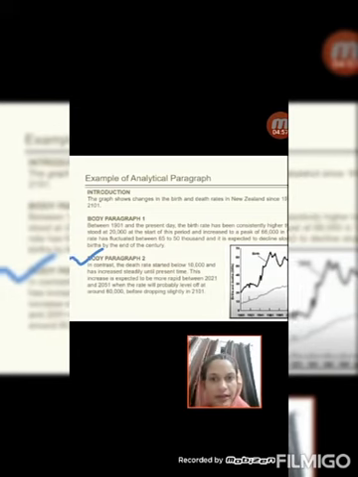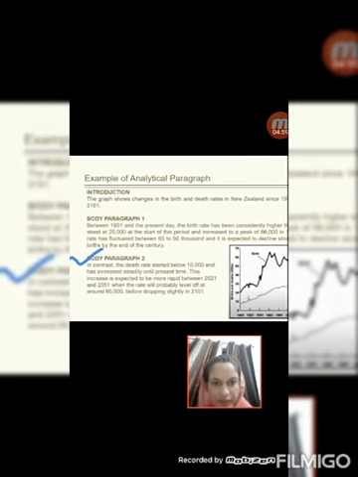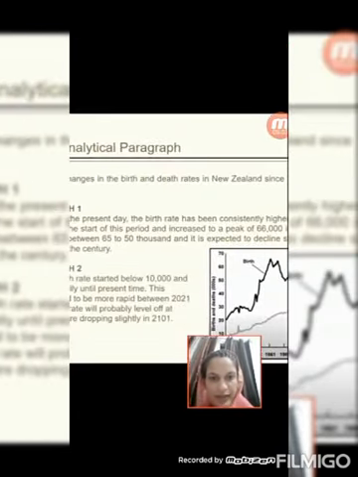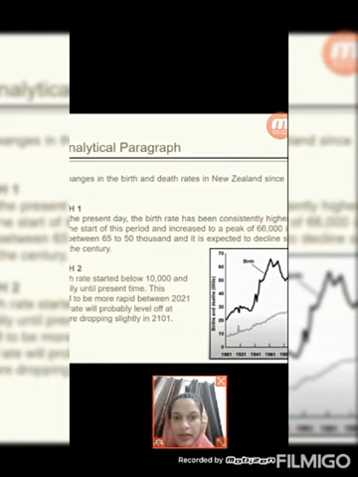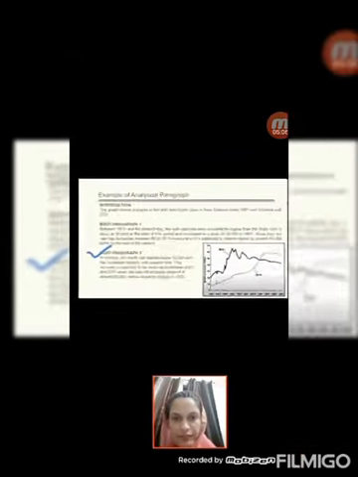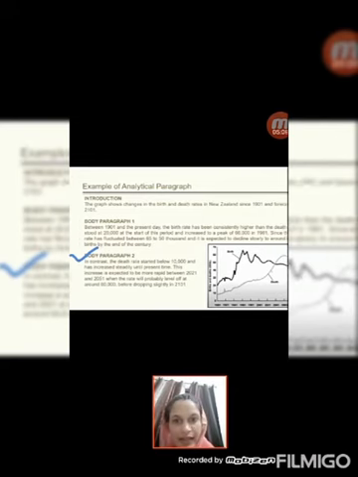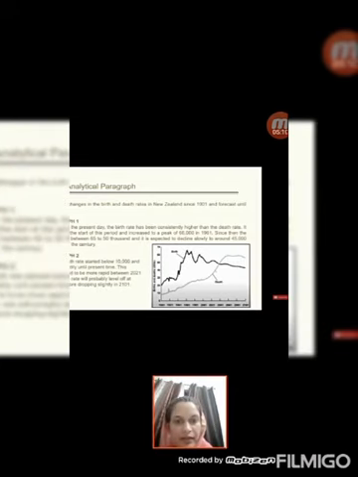Now come to the second part of the body. In contrast, the death rate started below the 10,000. Here we can see the death rate has started below the 10,000 and has increased steadily until present time. If we see the graph, it has been increasing to the present time.